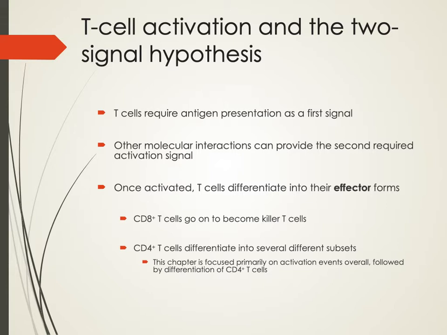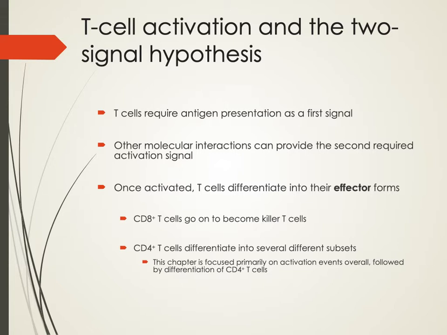And then we need to have a second signal in order for activation to happen, to have an effector function. And so this comes from our co-stimulatory molecules, which will then allow for signal transduction and activation of cell signaling pathways so that we would actually get activation and differentiation of the T cell, so they'd have their end effector forms, so that you would have those CD8 T cells that would be able to kill.